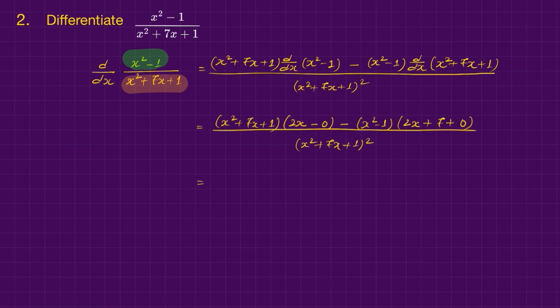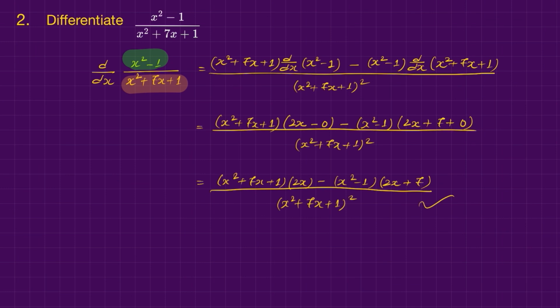So it will be x square plus 7x plus 1 times 2x, minus x square minus 1 times 2x plus 7, whole divided by x square plus 7x plus 1 whole square. You can keep it like this also. No need to simplify, you just have to differentiate a function.